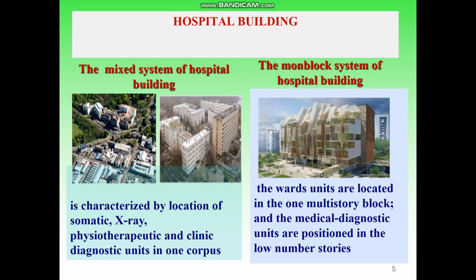The mixed system is characterized by location of somatic, X-ray, psychotherapeutic, and clinical diagnostic units in one corpus. Infection, maternity, pediatrics, radiological, pathology-anatomic, and economic units, and the polyclinic are located in separate corpuses. This system is the most prevalent today because it eliminates the disadvantages of the ones mentioned above.